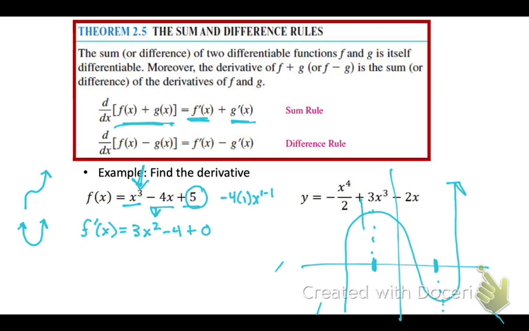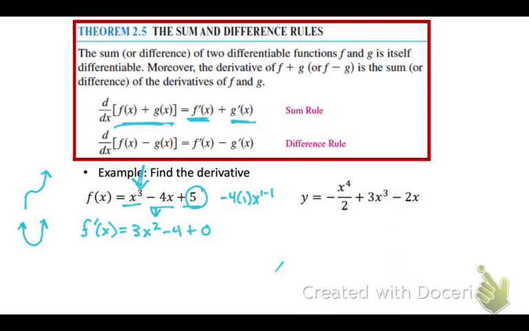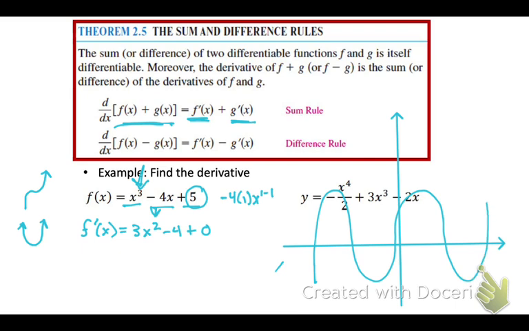So my new graph would look something like this. What did I say? Anytime you have a max or min, it becomes a what of the derivative? 0. So you bring it here, and there, and there.